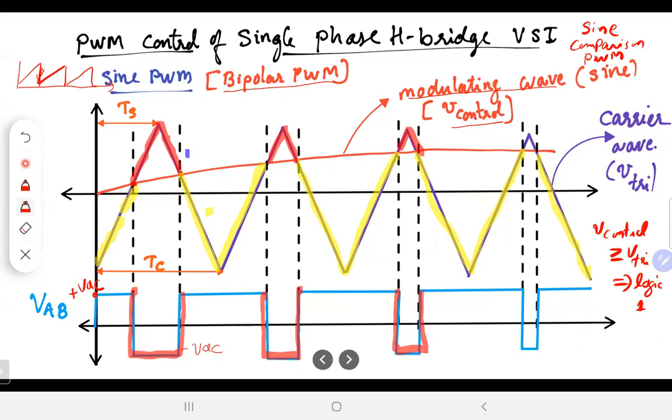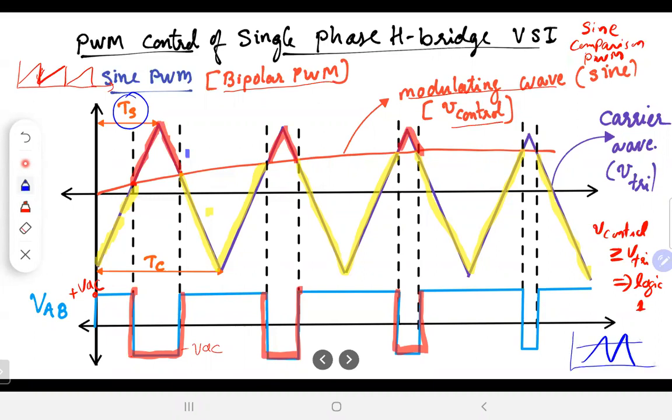Okay, so by doing this, if you look at this TC period, what would happen in every TC by 2, which we are going to call the TS period. Every TS period here, if you look at the volt second, if you choose the triangle frequency much higher, it is like you have a triangle which is running very fast, and the sine is as slow as a DC.